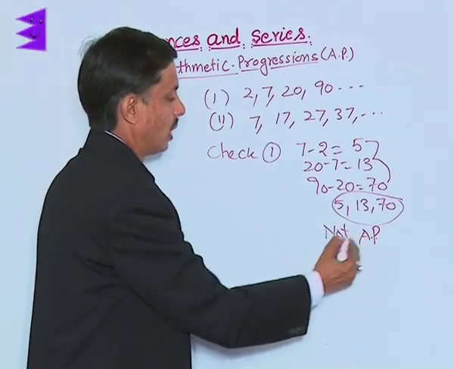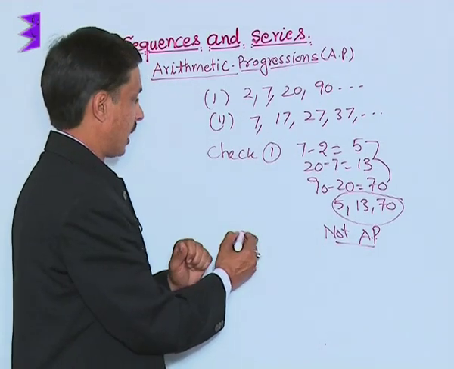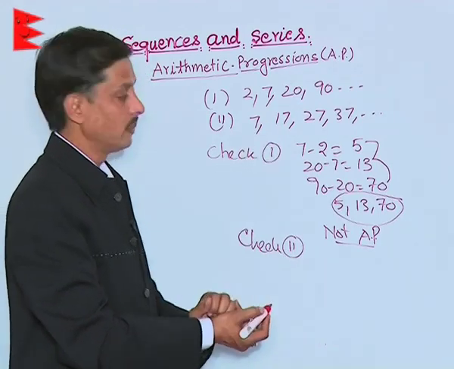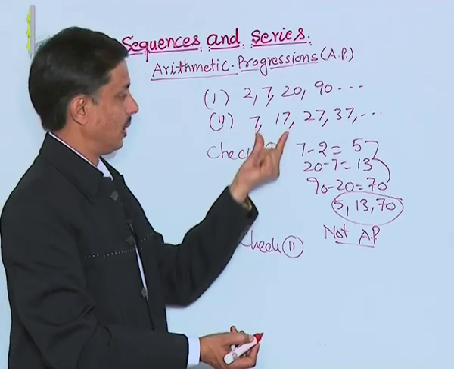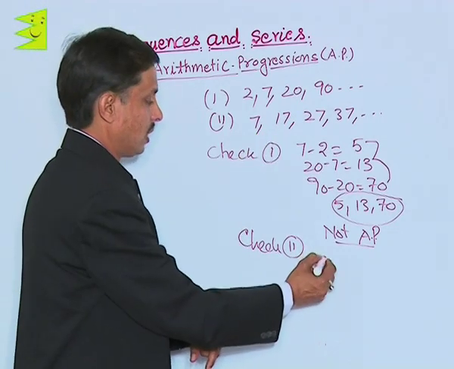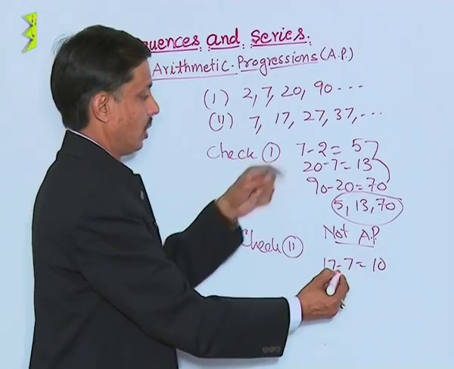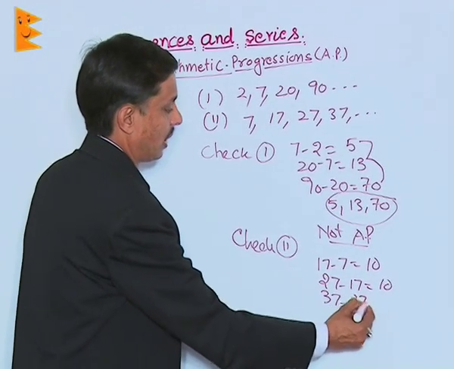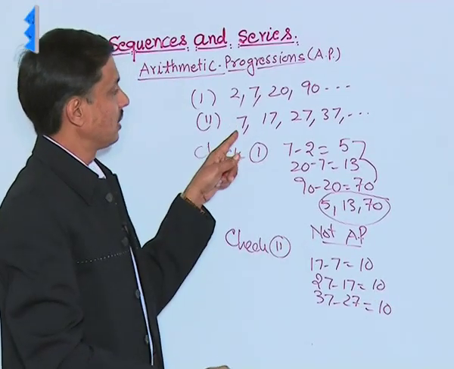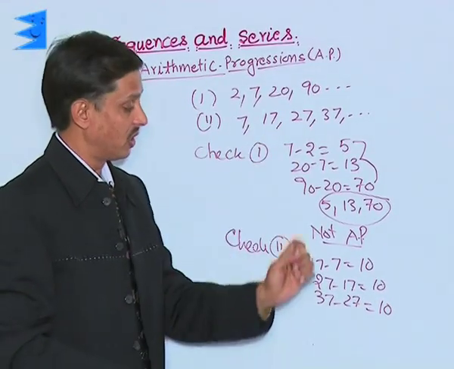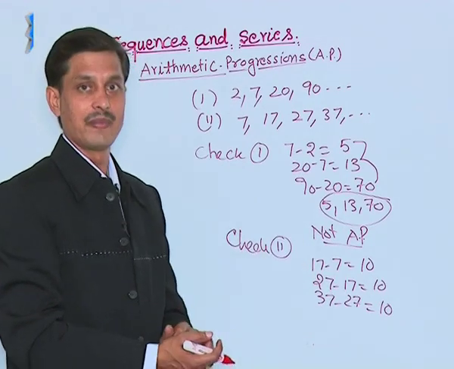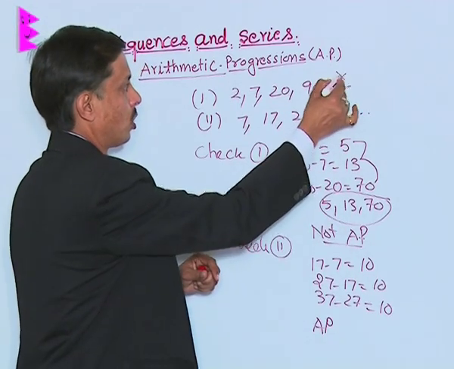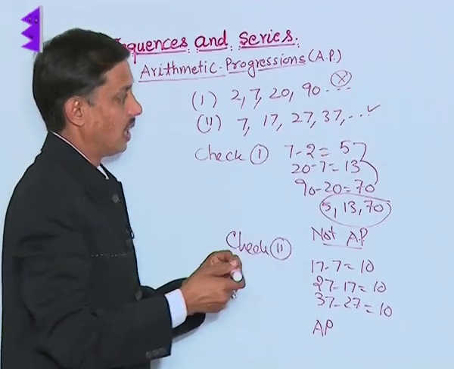To check the second one, 7, 17, 27, 37, the differences are 17 minus 7 is 10, 27 minus 17 is 10, 37 minus 27 is 10. As the terms in the second are equally spaced, having equal common difference, this is an AP. So we say the first is not an AP, whereas the second is an AP.